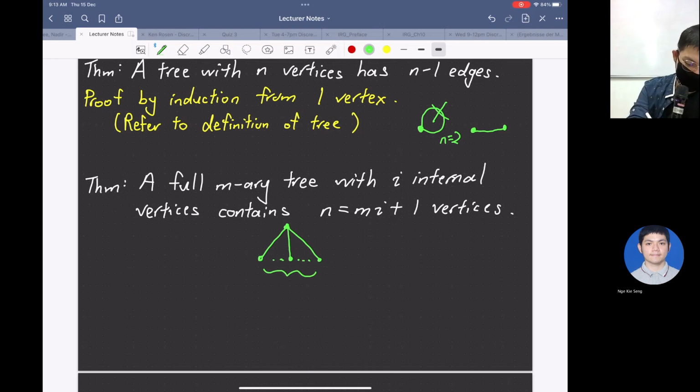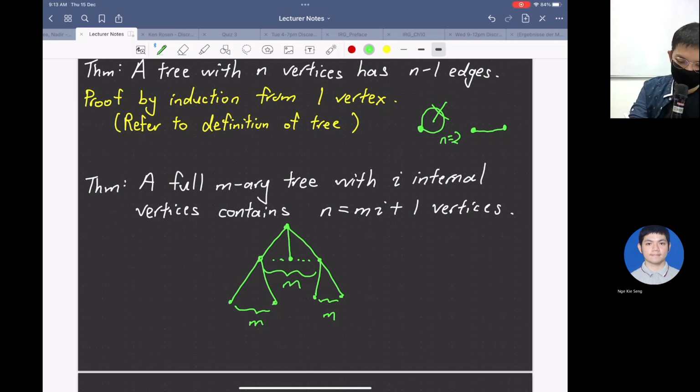So all of them have m children. And the question is, how many vertices do you have in total? So every internal vertex has m children.